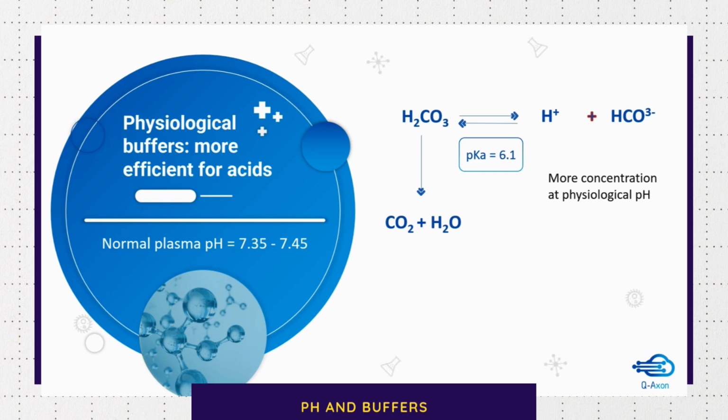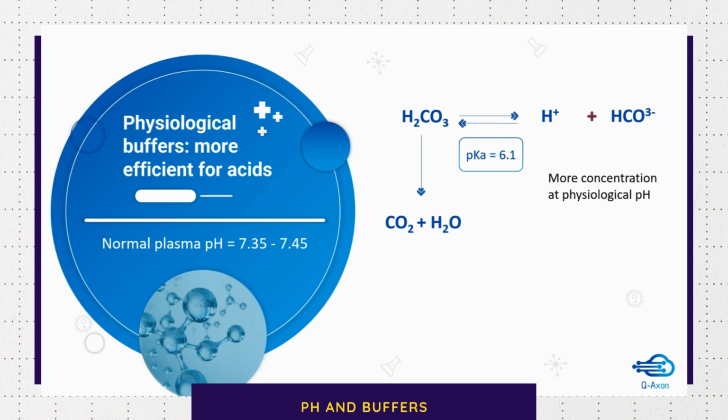Now, this buffer has one added advantage: carbonic acid dissociates into carbon dioxide and water, and it is this carbon dioxide which is exhaled by the respiratory system. So, this helps us. Why? Because even if a lot of acids are added and a lot of H2CO3 forms, it will prevent the accumulation of H2CO3.